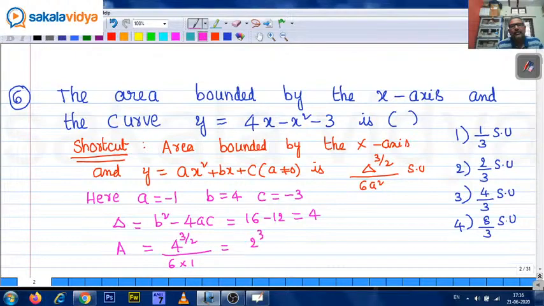This is 2 cube, which is 8 upon 6, that will be 4 upon 3 square units. Third option is the right option. Just 1 or 2 questions will come from this chapter.